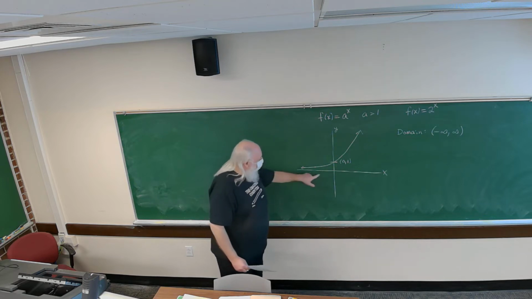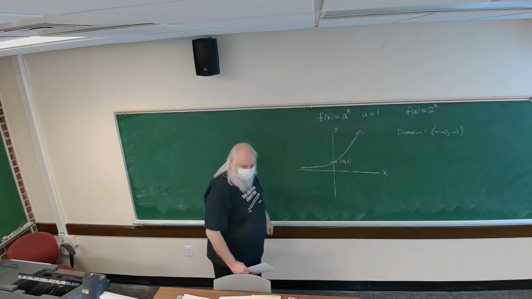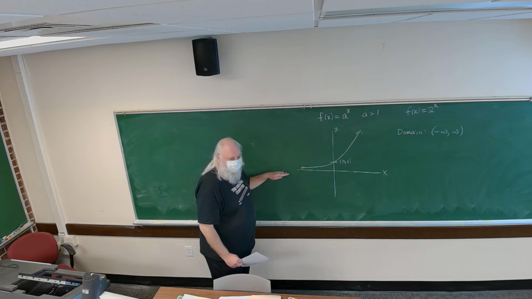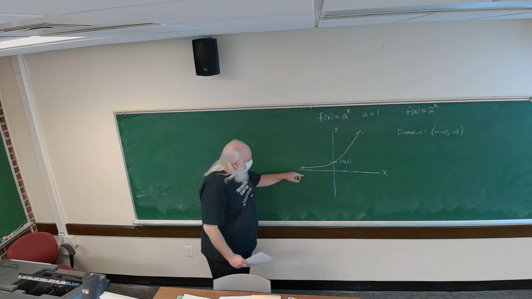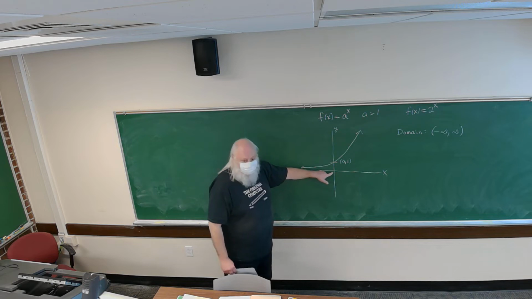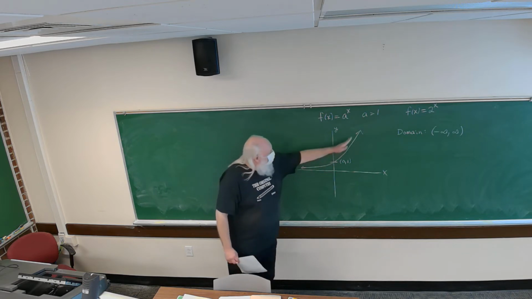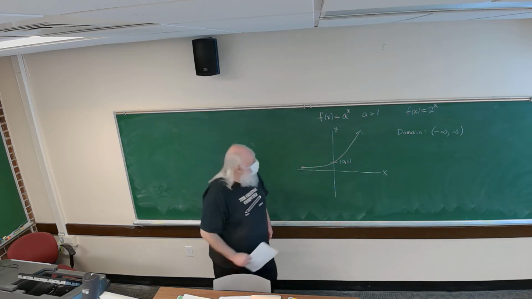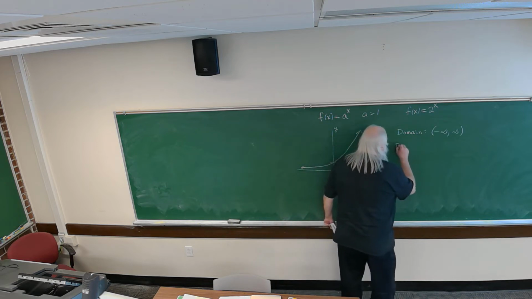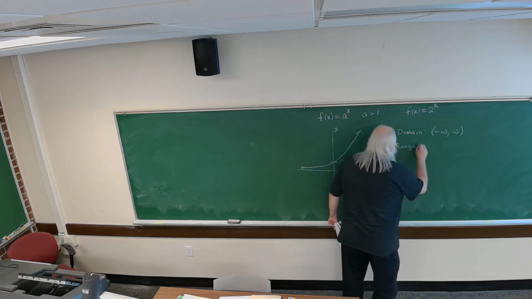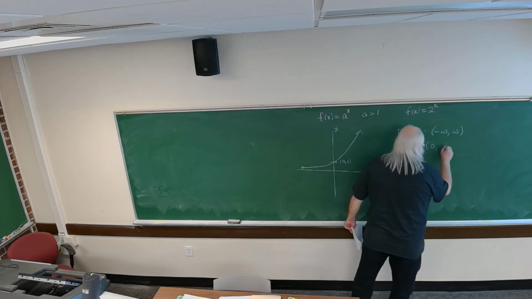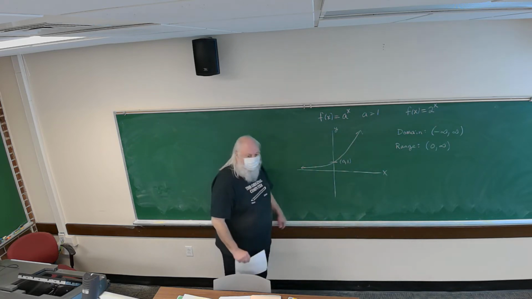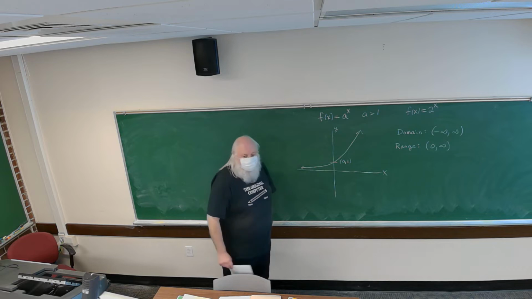I think I mentioned last Friday that the x-axis here turns out to be a horizontal asymptote. The further out you go to the left, the closer the graph gets to the x-axis without touching it. And the x-axis, right, crosses the y-axis at y equals 0. So all the y coordinates in our graph of this function are greater than 0. Okay. So the range, which is the y coordinates, goes from 0 to infinity. For every positive number greater than 0, you can find a point on the graph with that y coordinate.